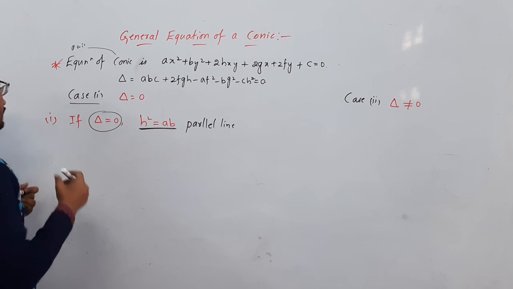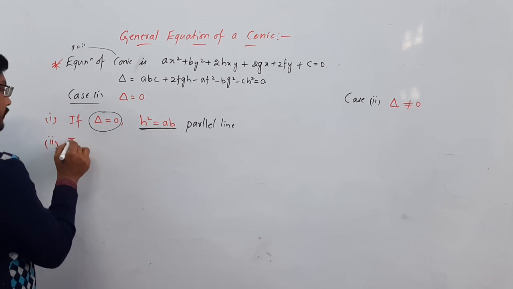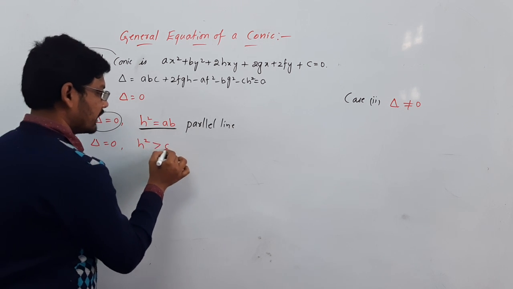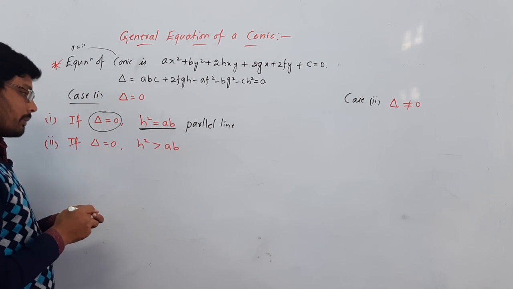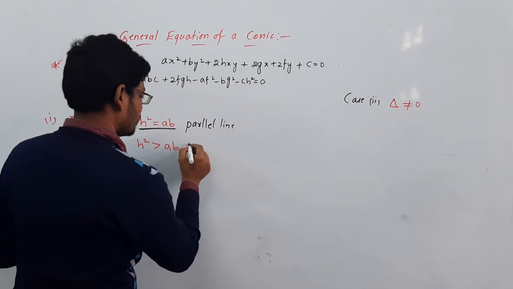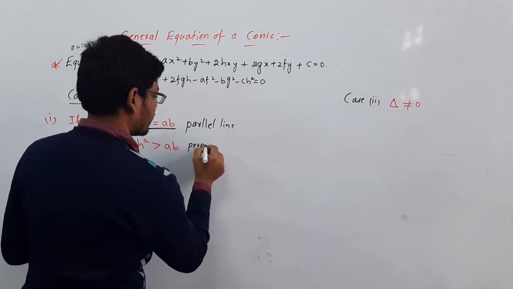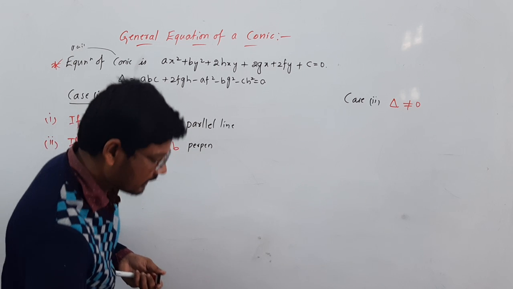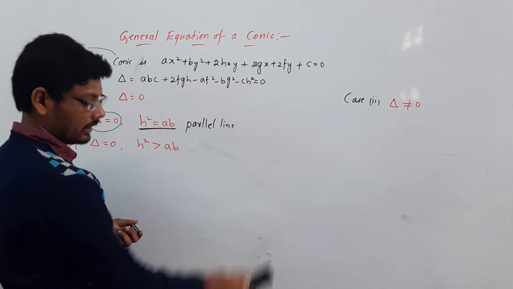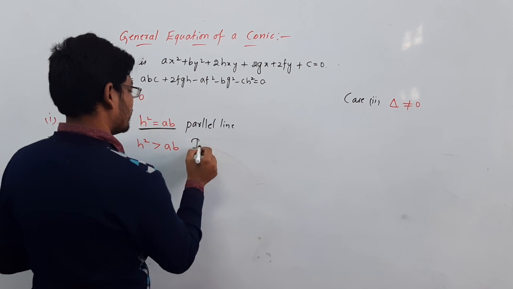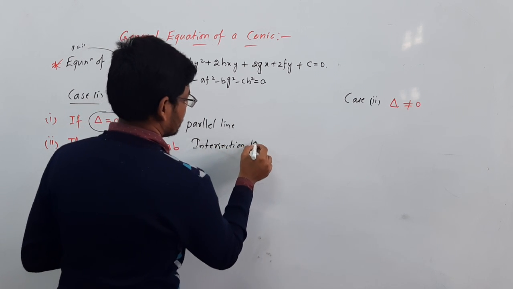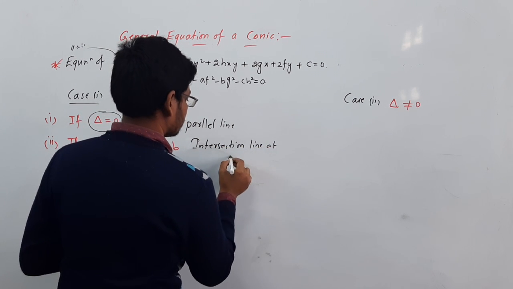The second case is if delta is equal to 0, then h square is greater than ab, then they are intersecting lines, you can say intersection simply, intersection of lines at one point.